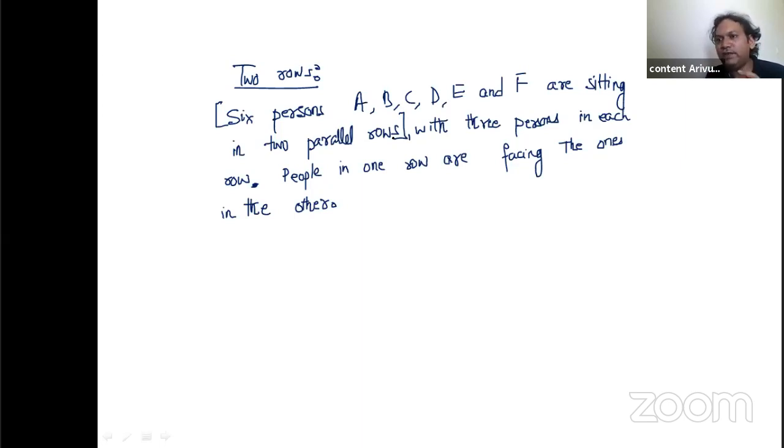You're not going to get questions with 7, 8 or 10 persons, because in a 1 mark question, they can't ask so much. They can't ask 4 persons or 5 persons, because 5 persons we can't divide into 2 rows. So every time you will get a question with 6 only, nothing less, nothing more.